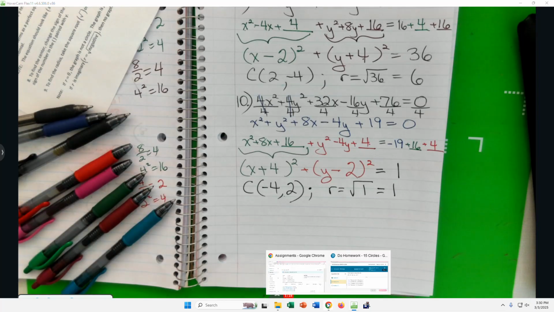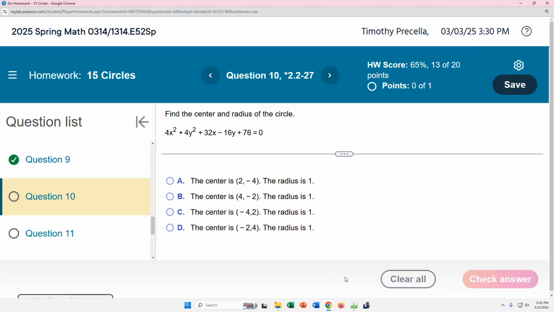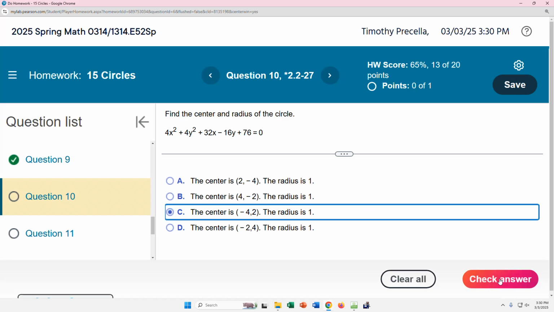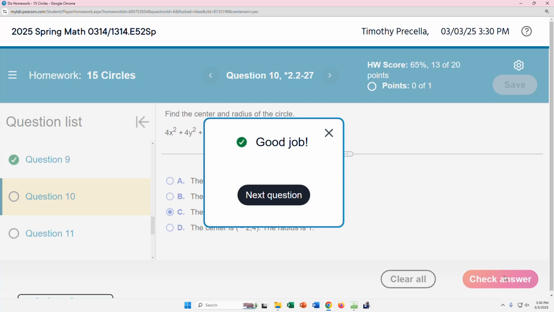Look at the choices. They all say radius 1. Negative 4, 2, is that C? See? So we don't have to draw this graph. Okay, that's good. Number 12.